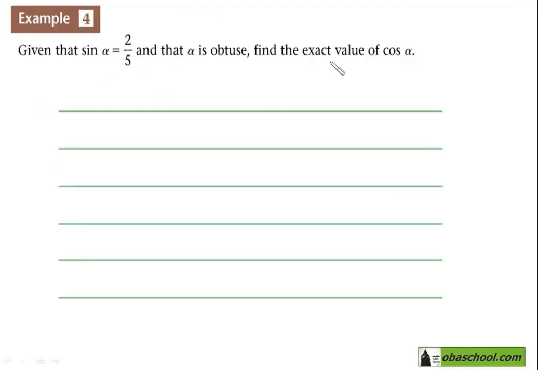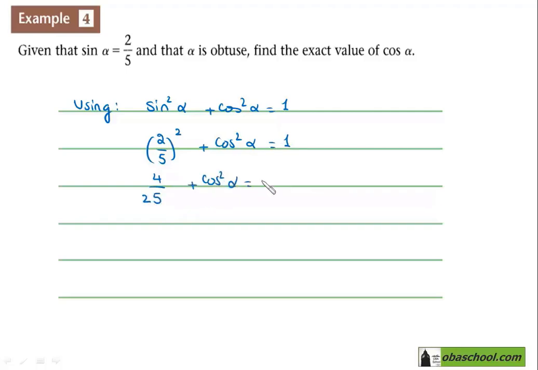We start with the trigonometrical identity. So, sine squared alpha plus cosine squared alpha equals 1. Sine squared alpha is 2 over 5 raised to the power 2 plus cosine squared alpha equals 1. Now we distribute the power. 4 over 25 plus cosine squared alpha equals 1.